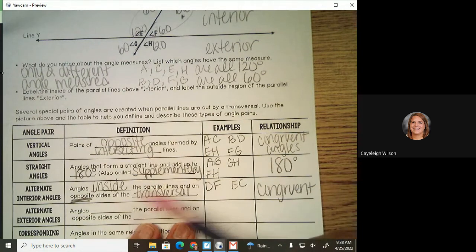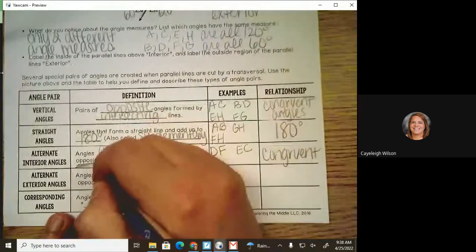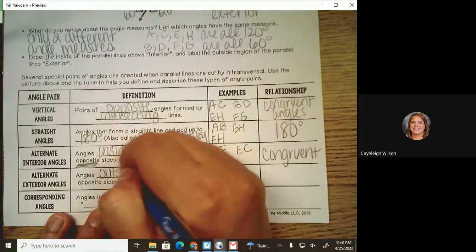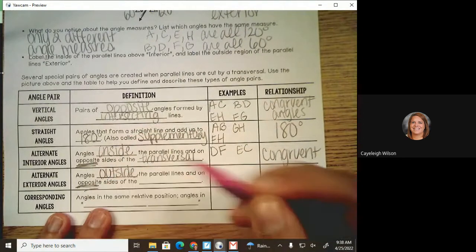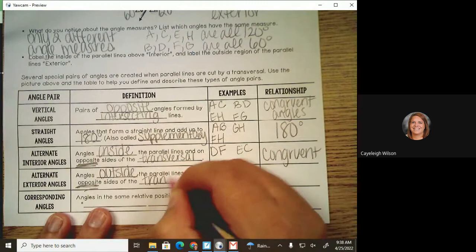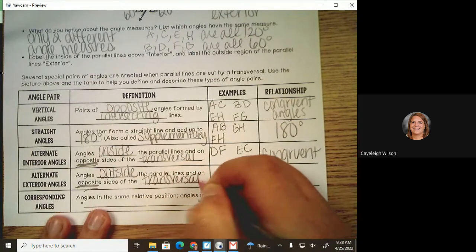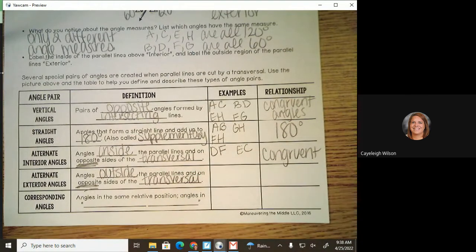Okay, alternate exterior are angles that are outside the parallel lines and are on opposite sides of the transversal. So basically the same definition as alternate interior, except they are alternate exterior.